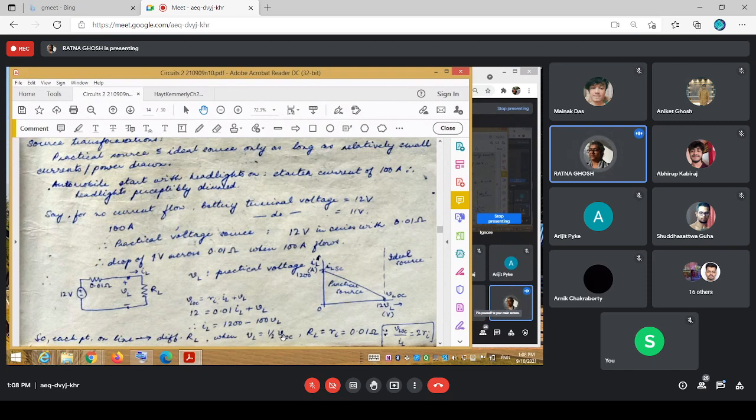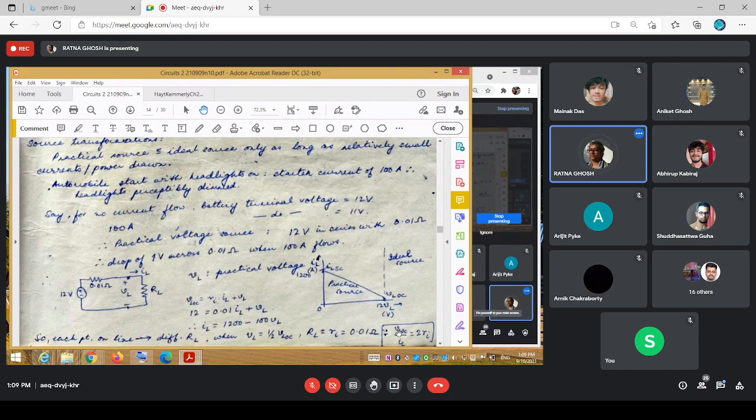What is the significance of that? Since VL has gone down to half, that's the point where you have maximum power transferred. If you put VL equal to half of VLOC in this relation and solve it, you will find that RL is nothing but VL divided by IL, which is equal to Ri, equal to 0.01 ohms.